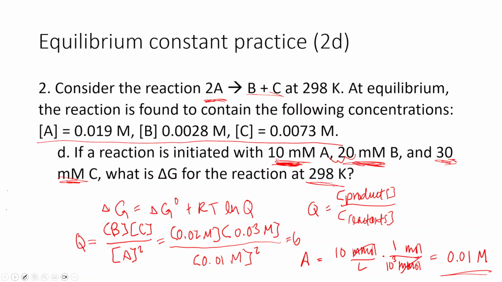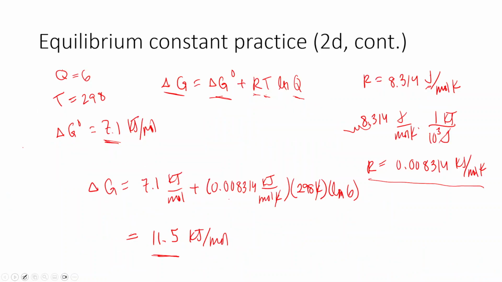We have more B and more C compared to A. So if you add extra product to a non-spontaneous reaction, in a way you're trying to push it towards products, and it really wants to go the other way. It becomes sort of more non-spontaneous because you're not helping it out. It wants to have more reactants, and instead you're giving it extra products. And so it's even less spontaneous, if that kind of makes sense.